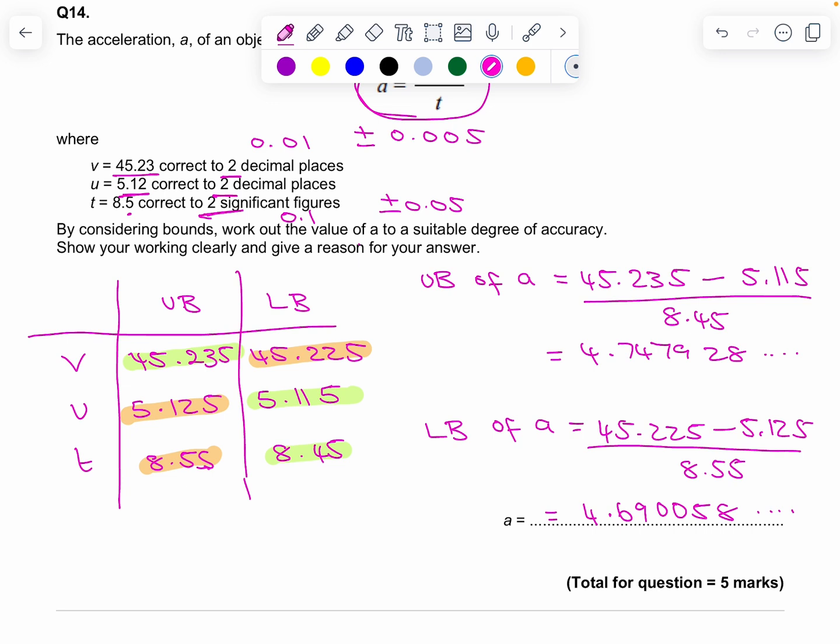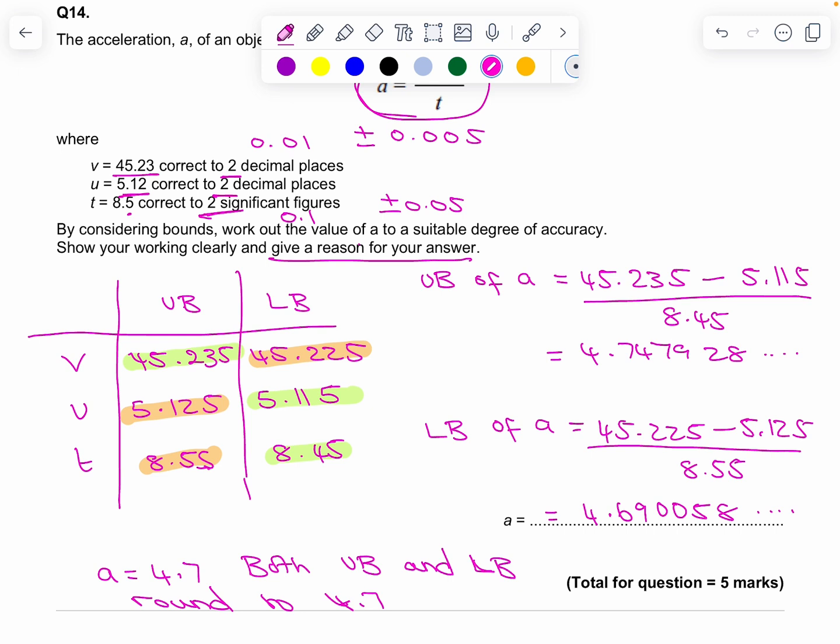Our answer is going to be A equals 4.7. It says, give a reason for your answer. And my answer is that both upper bound and lower bound round to 4.7.